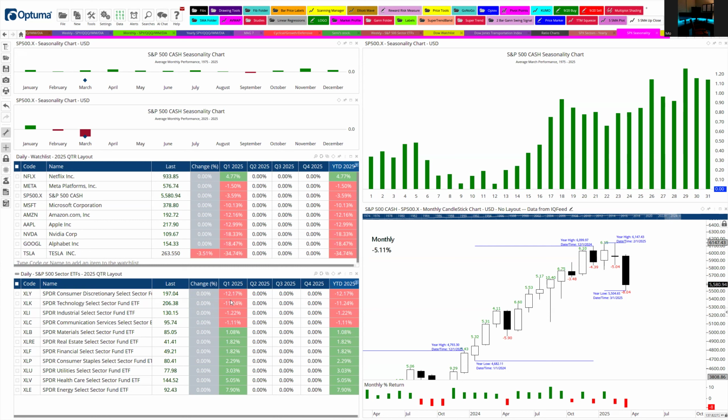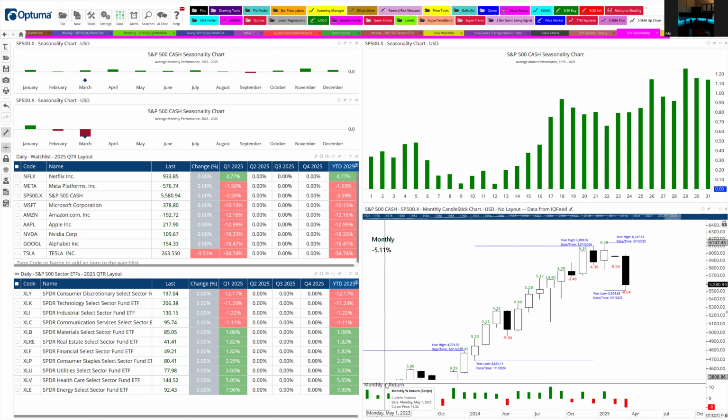Microsoft is literally dead money right now. Healthcare 5, 3, 2. Financials are a little less than 2 now.